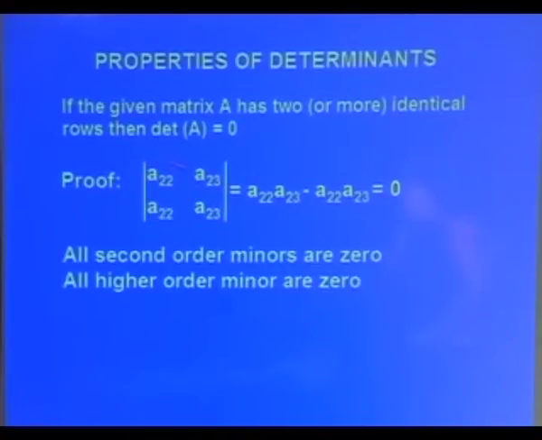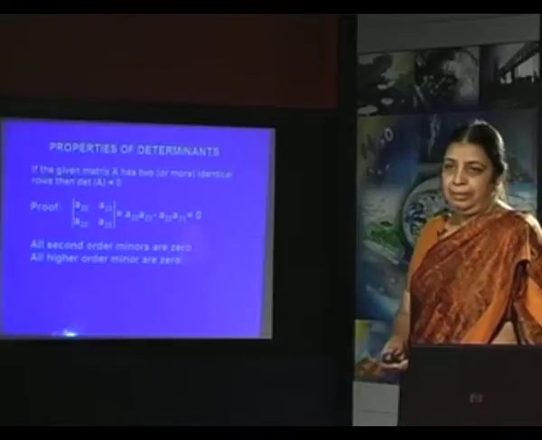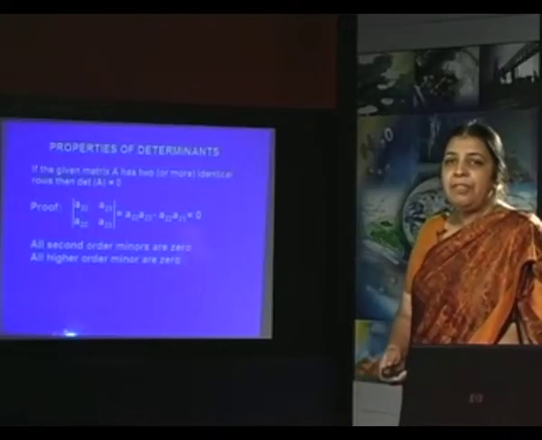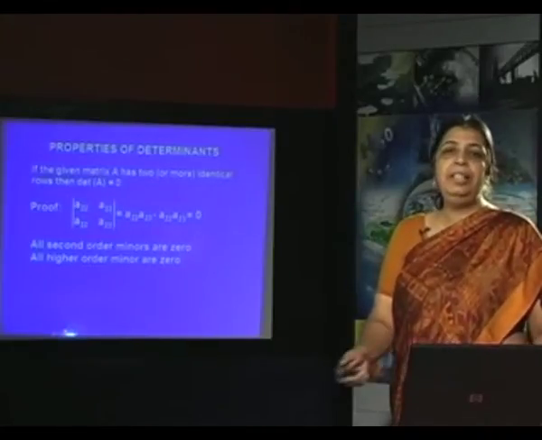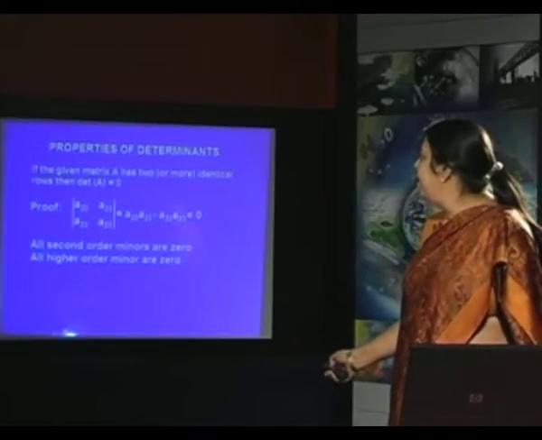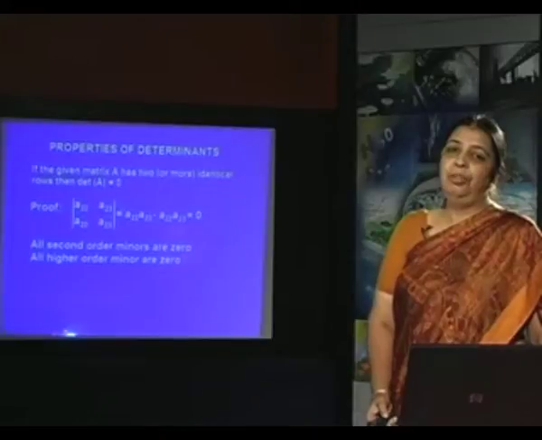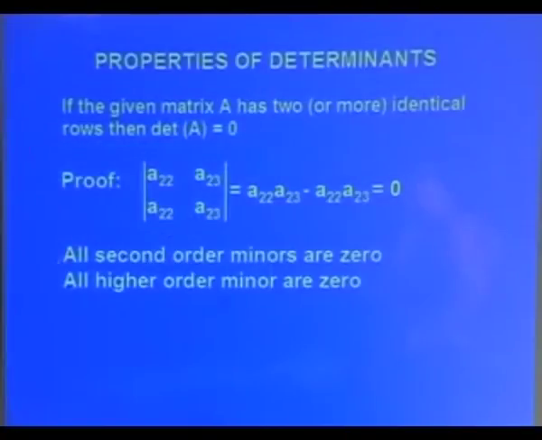Now this concept can be generalized for nth order determinant, because nth order determinant can be written in terms of n minus 1th order determinants. This n minus 1th order determinant will be written in terms of n minus 2th order determinants, and ultimately everything will be written in terms of second order determinants. And since all the second order determinants are 0 here, the final result will be 0. So all second order minors are 0 in this case, and all higher order minors are also 0 because of this, and that is how the result is proved.